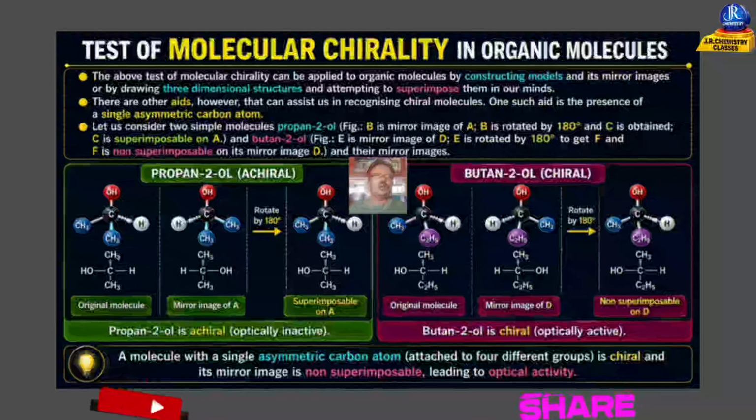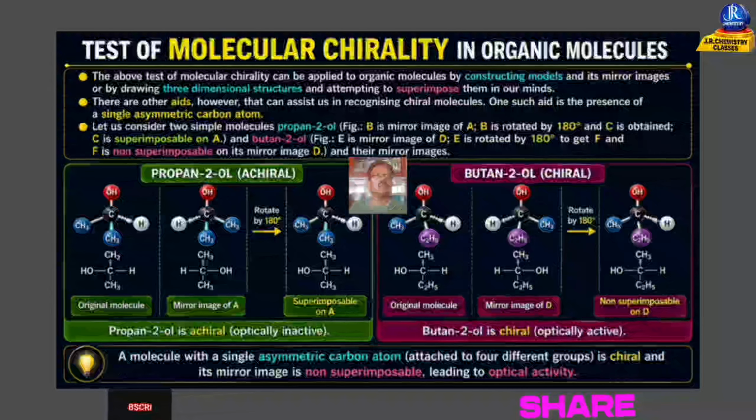There are other aids, however, that can assist us in recognizing chiral molecules. One such aid is the presence of a single asymmetric carbon atom.